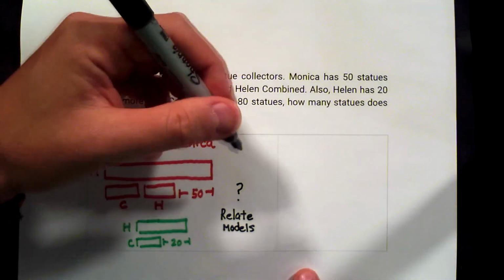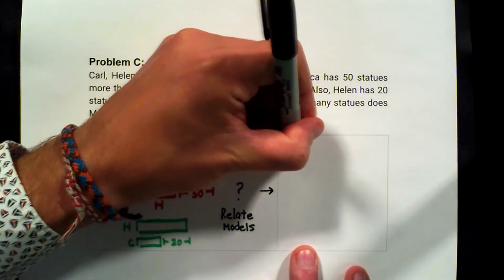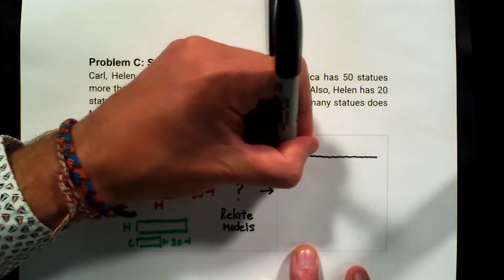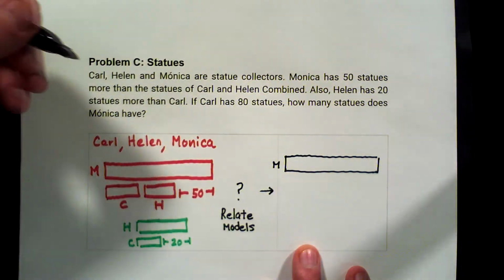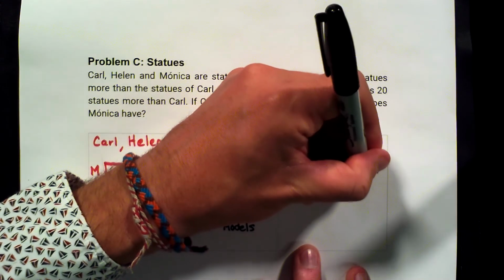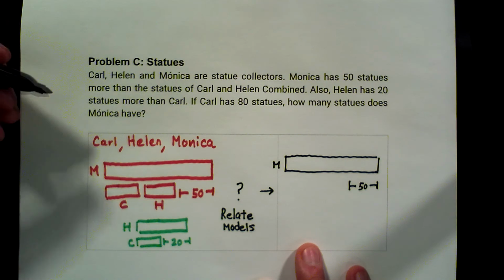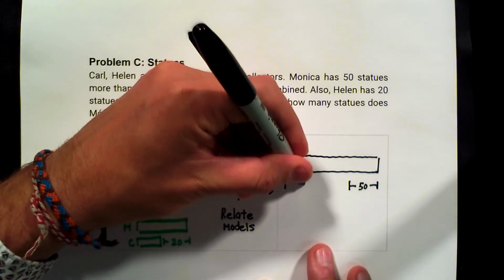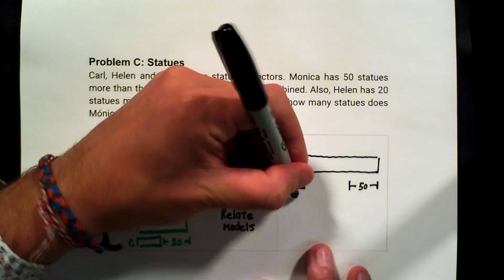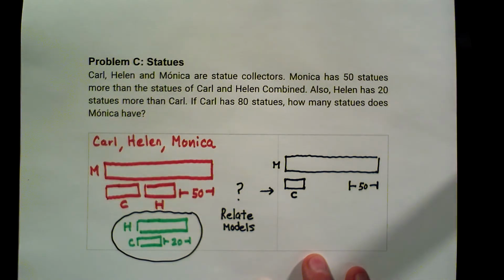And that's one way. So what we're going to do is the following. We are doing the first model again, just with some modifications. So Monica is still Monica. She's still there. She's still 50 more than some quantity, but now the quantity, we're going to put C, but instead of H, instead of Helen, we're going to use the second model to change it to C and 20.